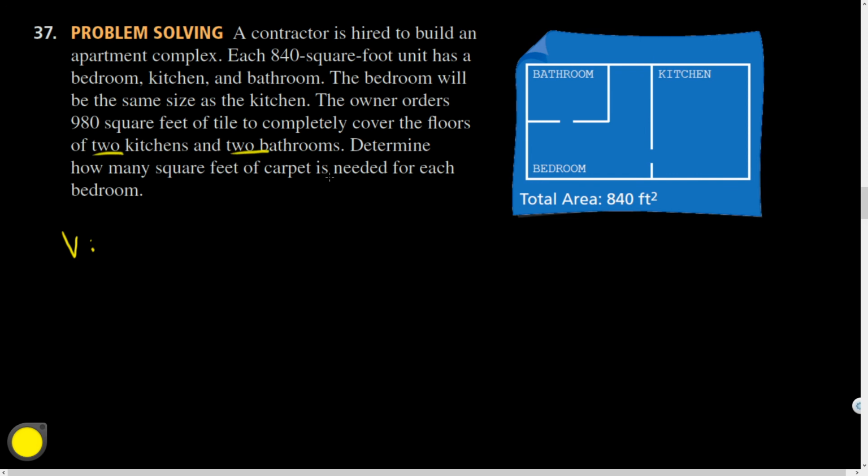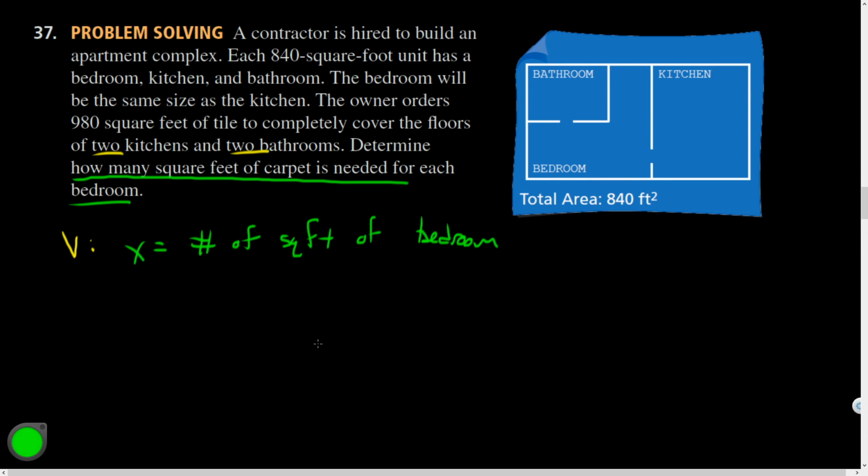Now, the question they do ask, how many square feet of carpet is needed for each bedroom, I think is a great variable. But I think what they're asking is for one of the variables instead of all 3. And so I'm going to say x equals the number of square feet of a bedroom.